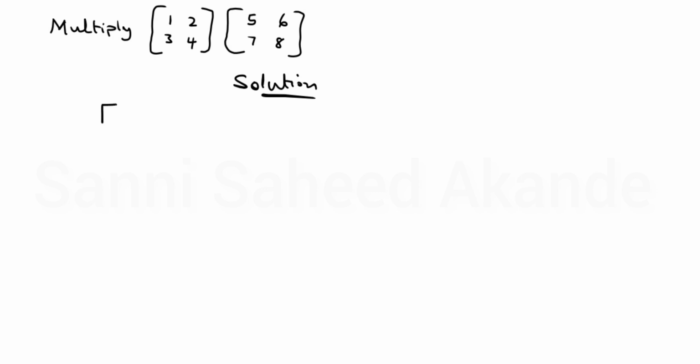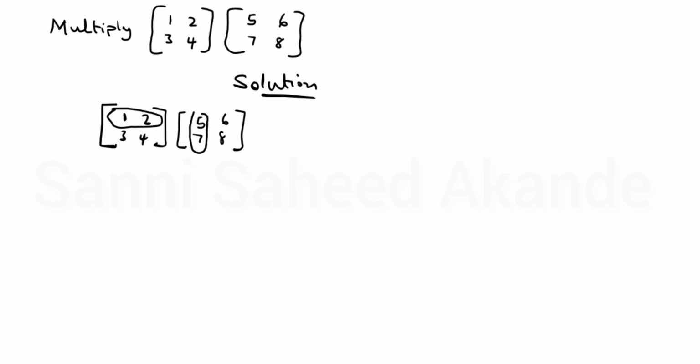We have 1 2 3 4, and we have here 5 6 7 and 8. I told you that when you want to multiply matrices of this nature together, just take the first row here and use it to multiply the first column in the second matrix, like that.